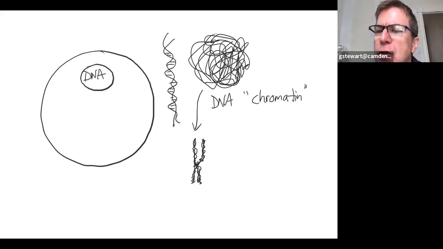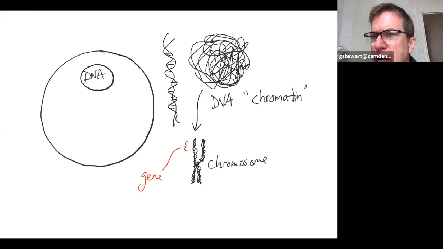And that occurs just prior to cellular division. So I'll write chromosome. A piece of that DNA on a chromosome is a gene. So chromosomes have thousands of genes on them. A small, specific section of a chromosome that is the software for a specific protein, that's called a gene.